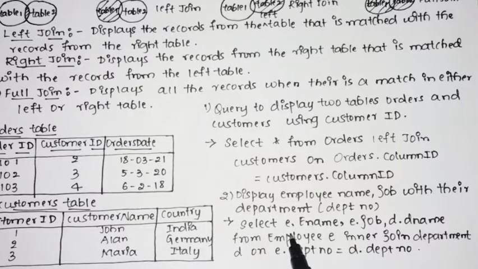Therefore you are going to write select E dot name, comma, E dot job, comma, D dot D name from employee E. Then perform inner join on the department D, and use the keyword on. So on E dot department number is equal to D dot department number. So it displays the common column with the common rows.